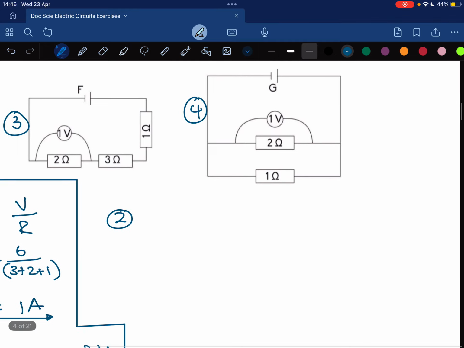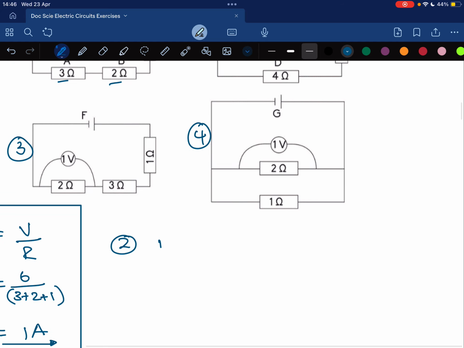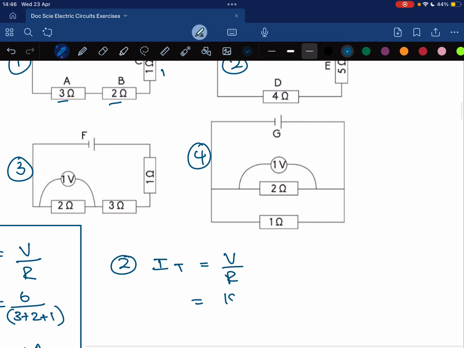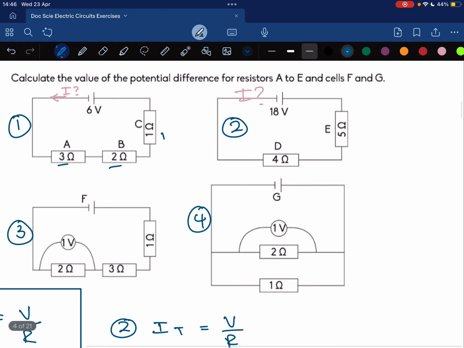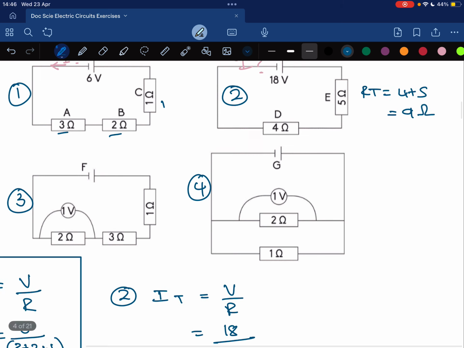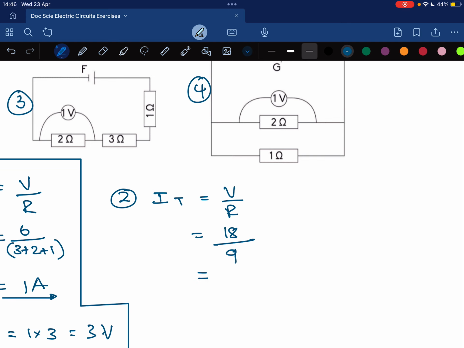So I can see the total current is again just going to be V over R. I see the voltage is 18, and the total resistance is in series, so it'll just be 4 plus 5, which is 9, which will give me a total of 2 amps.